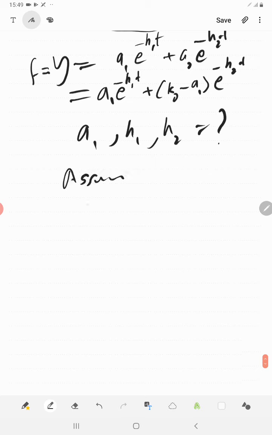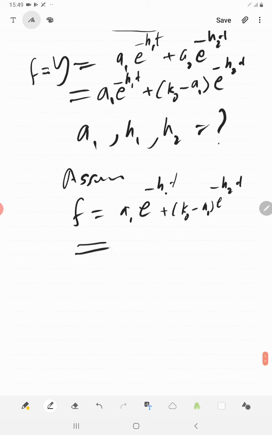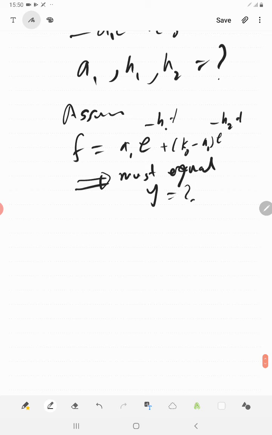Assume a function equal to A1 e to the minus H1 t plus (K0 minus A1) e to the minus H2 t. This function must equal Y, which is equal to I_A minus I steady state. It won't be exactly the same, but we try to find the parameters that best fit Y.